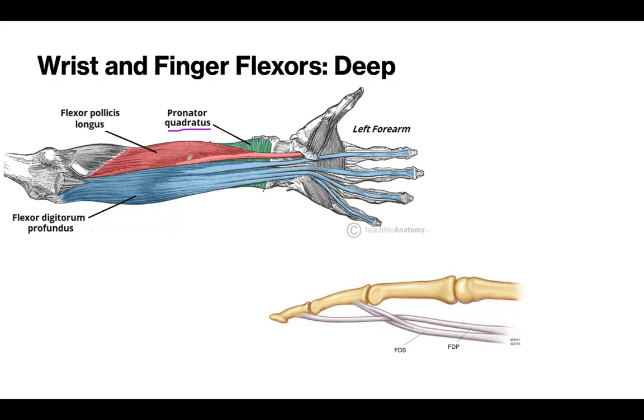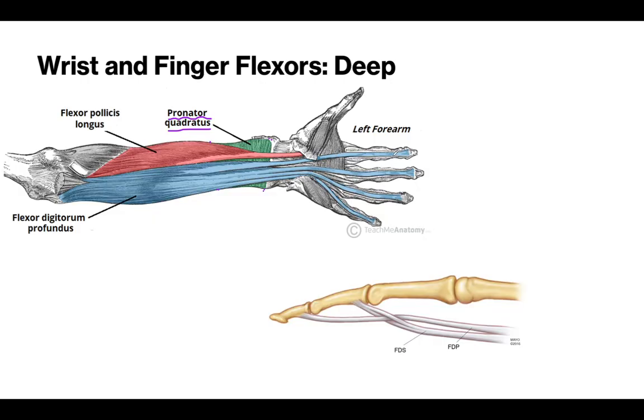Now, the name pronator should also give you an indication as to what the action is going to be. It's going to pronate the hand. So if you're pronating, that means it has to be attaching to the radius. It has to be moving the radius.